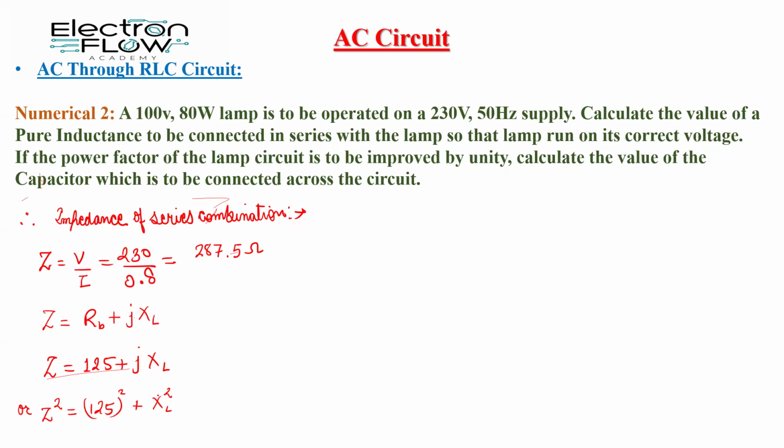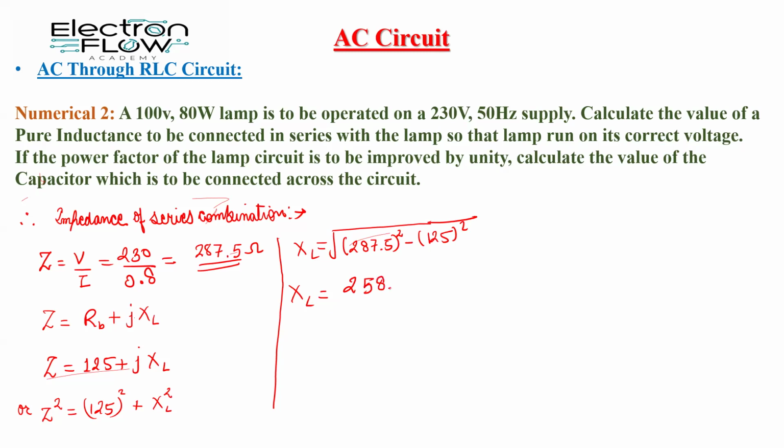So XL is equal to the square root of Z square, meaning 287.5 whole square, minus R square, which is 125 whole square. This is how we have calculated the value of XL. The value of XL is 258.9 ohms.